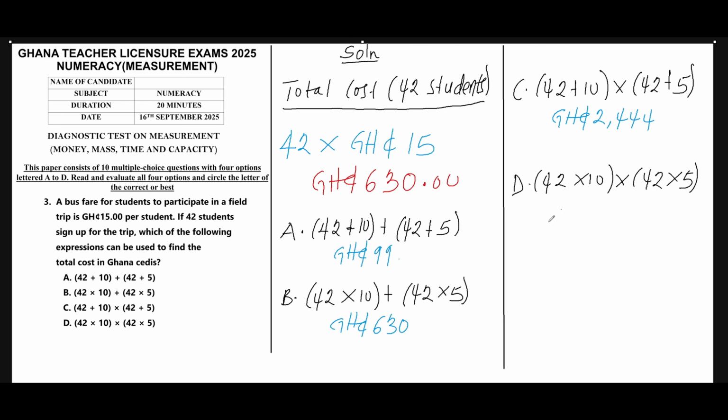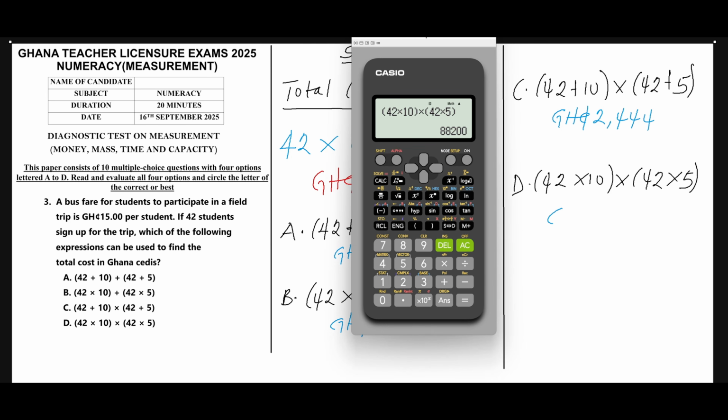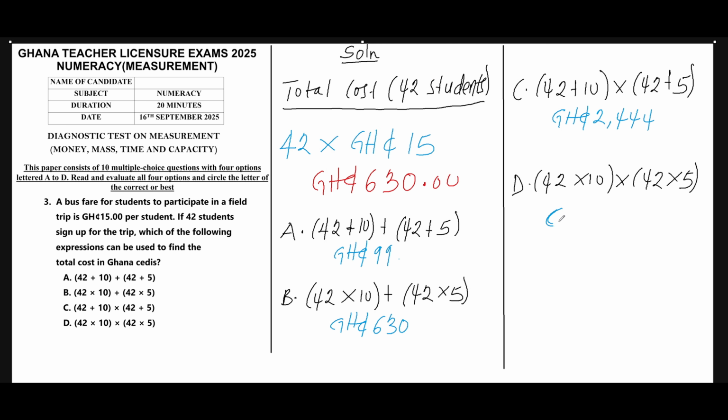Sorry, I think we have 88,200. So it is clear that it is only option B, the expression for option B, that will help us find the total cost in Ghana cedis.